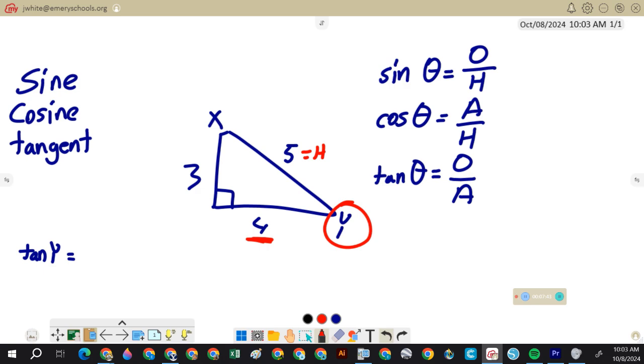It's adjacent. So this is the adjacent side, and this is the opposite side. So the tangent of Y is the O side divided by the A side. So that's going to be 3 over 4. And that's how trigonometry works. Now, it does get a lot more complicated, but that is basically what we're going to do today.